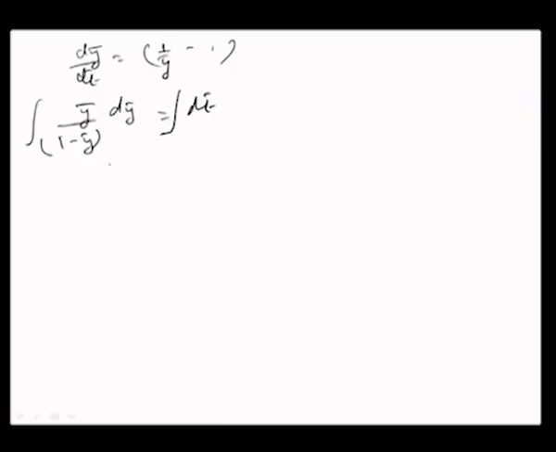So, you have dy dash by dt dash equal to 1 by y dash minus 1, meaning thereby that y dash by 1 minus y dash dy dash becomes equal to dt dash, and this can further be integrated between some limits.